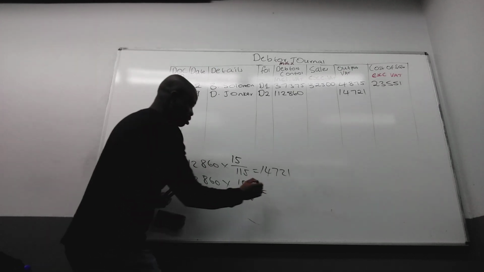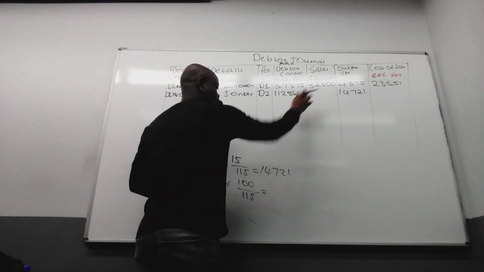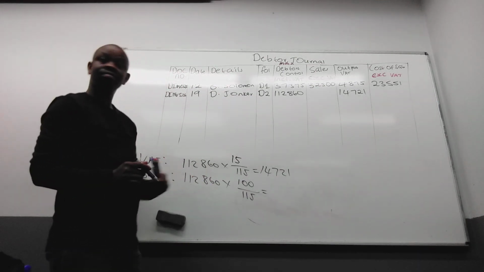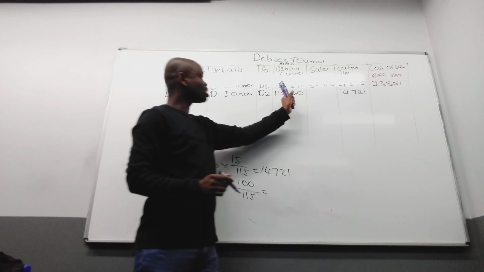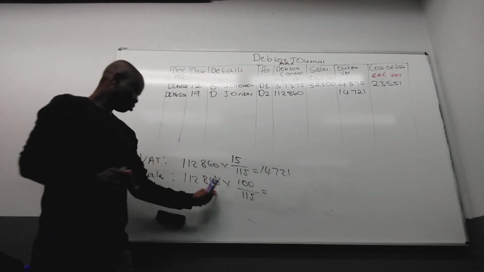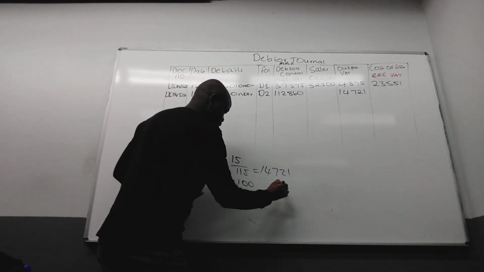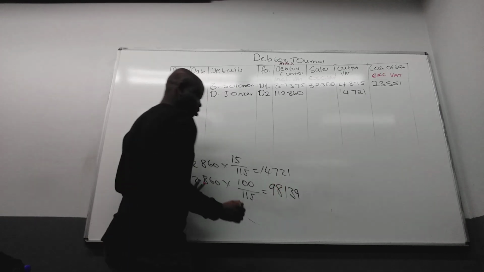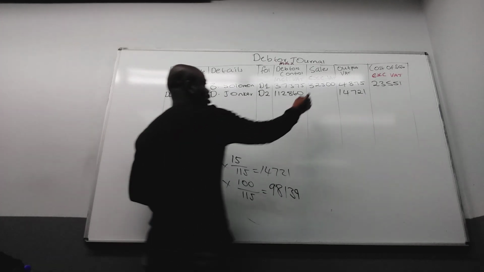You'll get 98,139.13. There are two ways: either say this minus that, or do this.